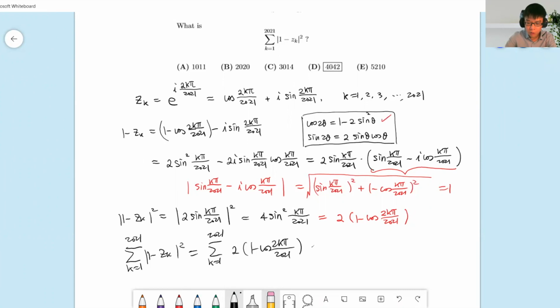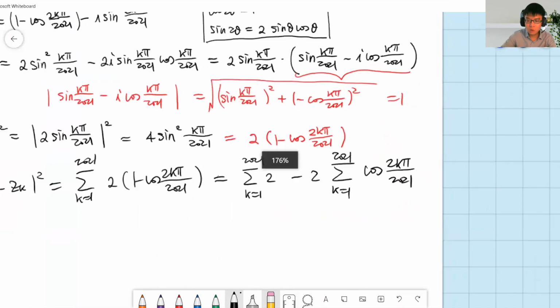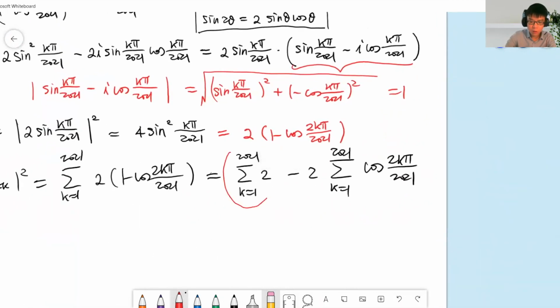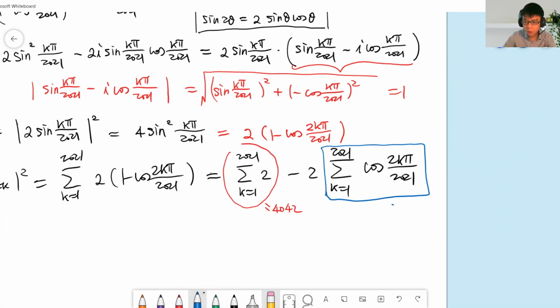So you will see this equals the summation of 2, from 1 to 2021, which is 2021 times 2, minus twice the summation from 1 to 2021 of cosine 2k pi over 2021. So the first part is easy to see. The first part, the sum equals 4042. And the second part, we'd like to claim this part equals 0.